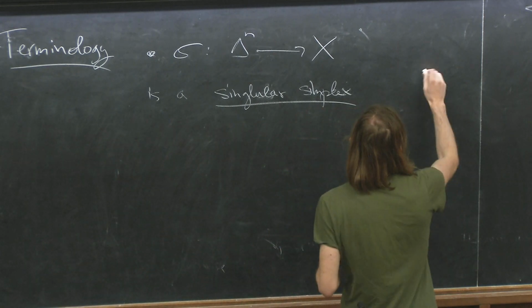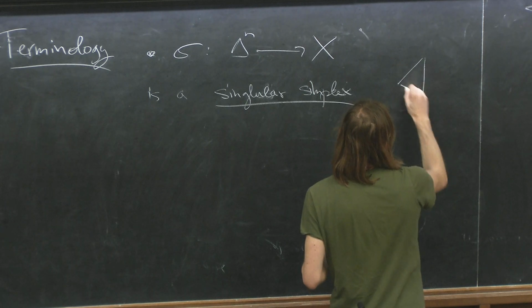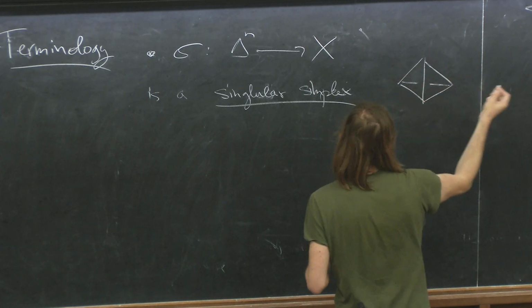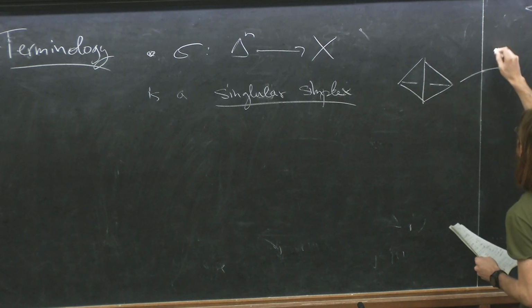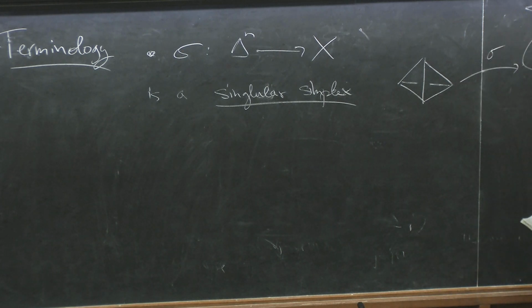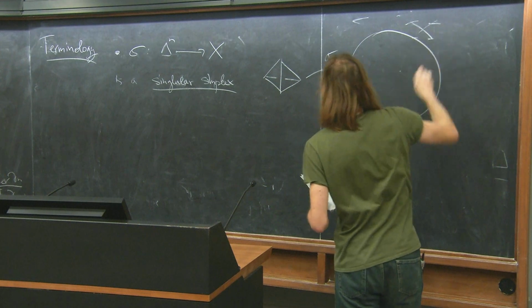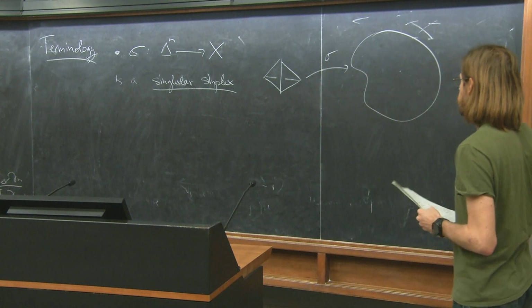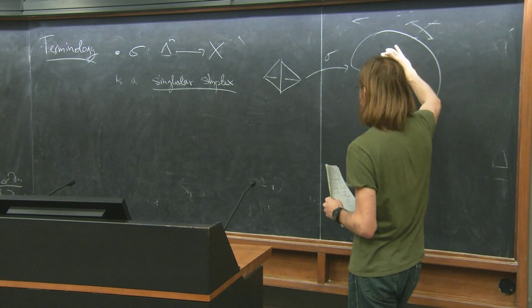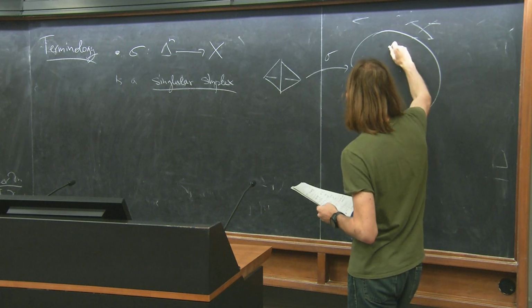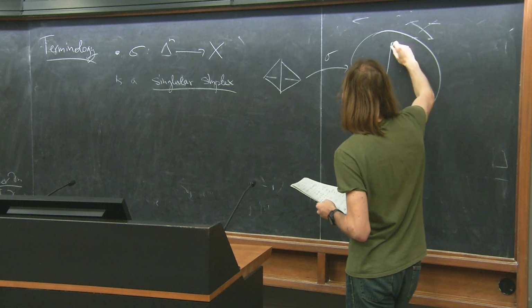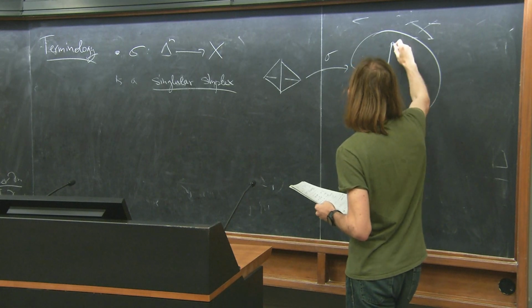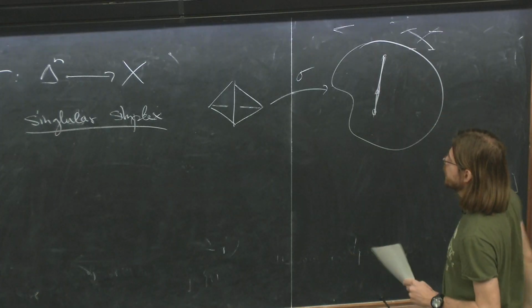If you consider, for example, a three-simplex, a tetrahedron, and you consider this map to some topological space X, unlike in the delta complex structures, there is no requirement that it's one-to-one on the interior. So in particular, the image can be very degenerate.